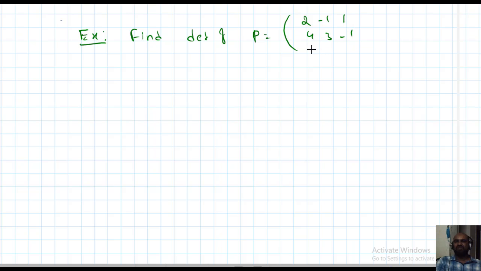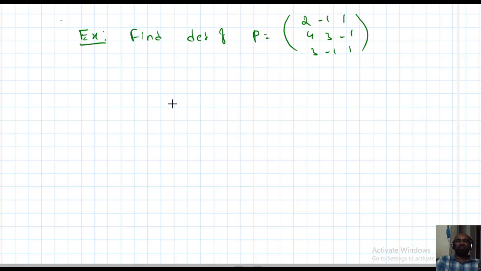Observe one more example, example 2. Find det of P equal to 2 minus 1 1, 4 3 minus 1, 3 minus 1 1. To find the determinant, you can choose any row or any column. You get the same answer. I already explained.